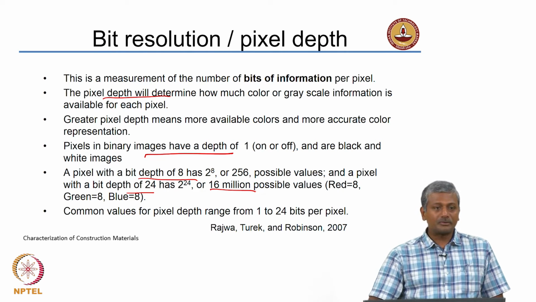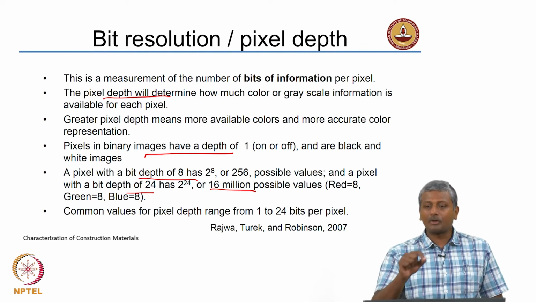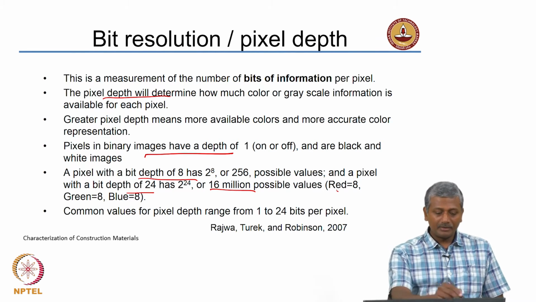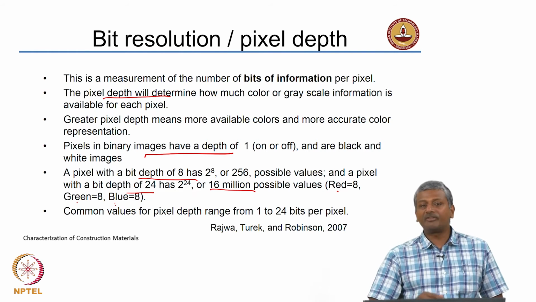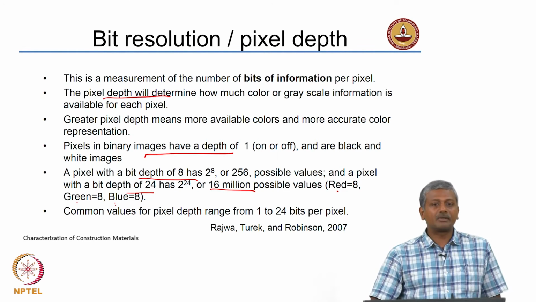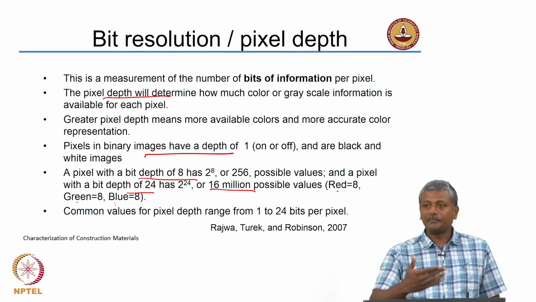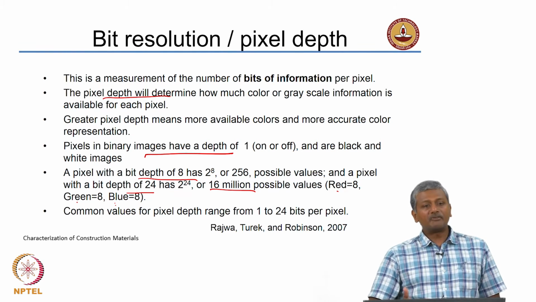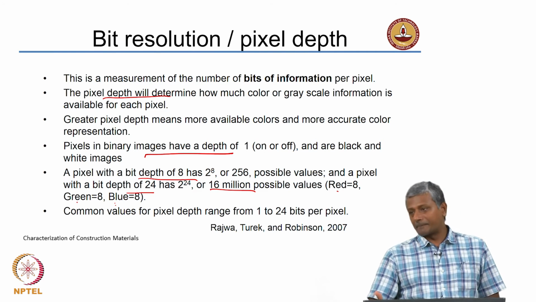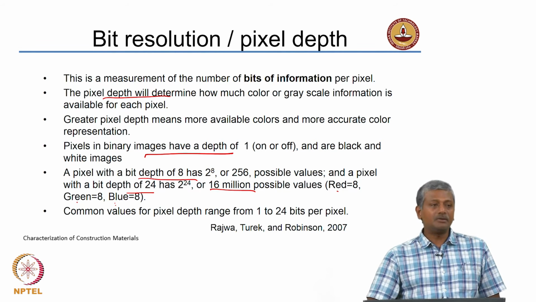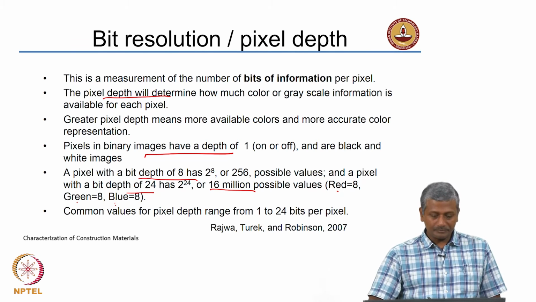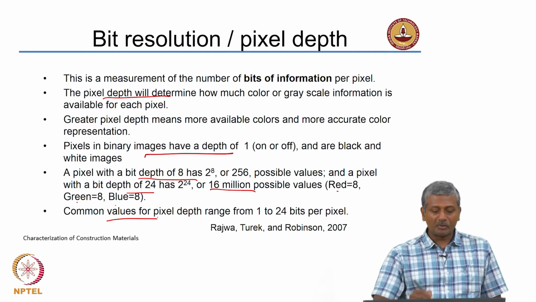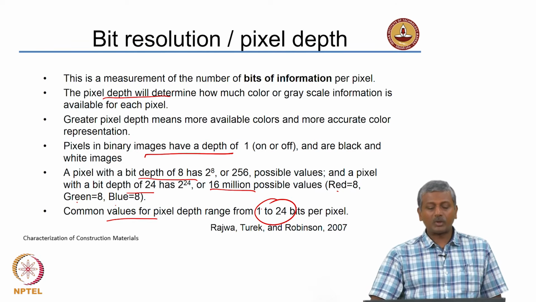Now imagine you have 16 million possible combinations of red, green and blue that define several different types of colors that can be depicted at a single time in an image. But if you have to use those images for your processing, it would be almost impossible, right. It can be done, but the computing power you need would be tremendous. So generally, common values for pixel depth are from 1 to 24.